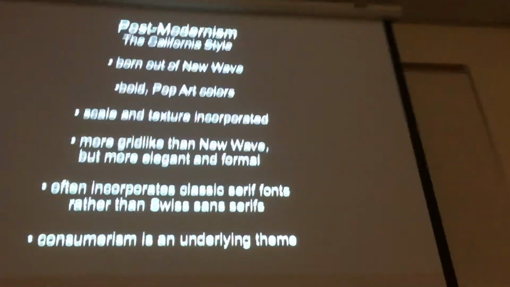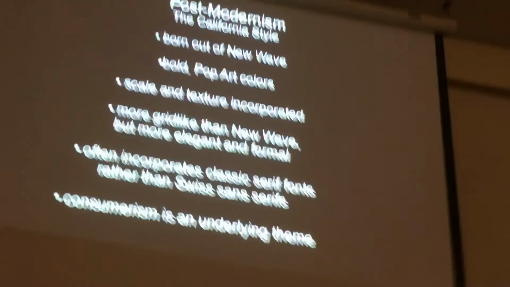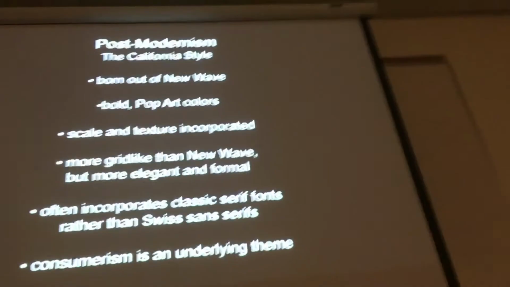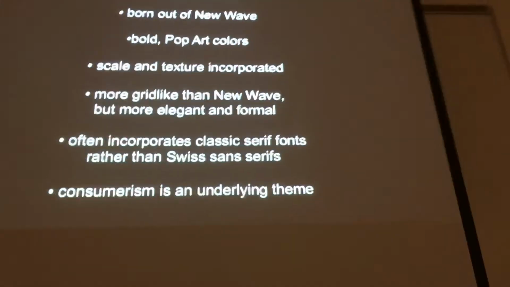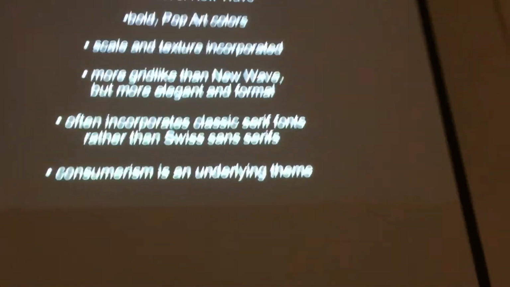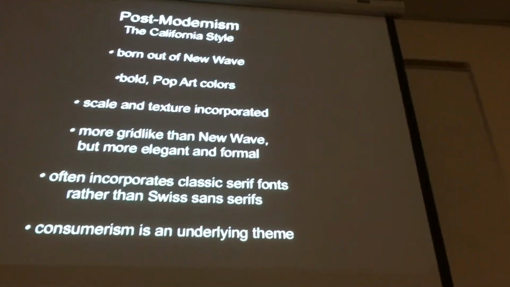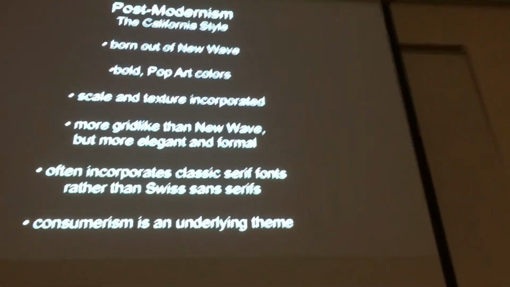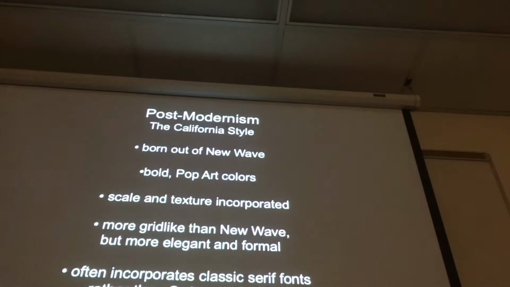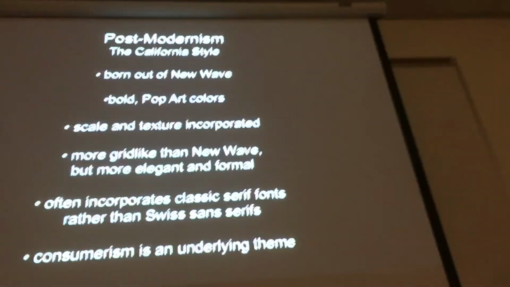So it took a while for people to catch on to the idea of what this California style is. We call it California style because the people that were playing with this version of postmodernism, most of them were from California. And the color palettes that they chose were very reminiscent of the color palettes that we were seeing over and over again in California.